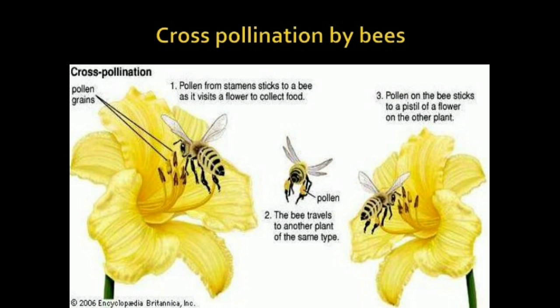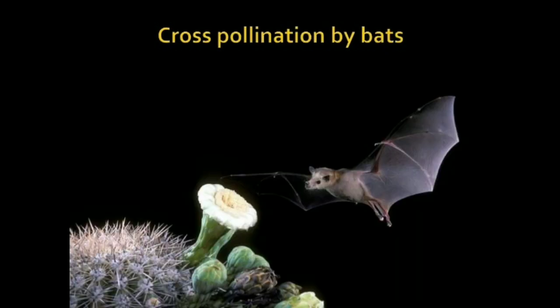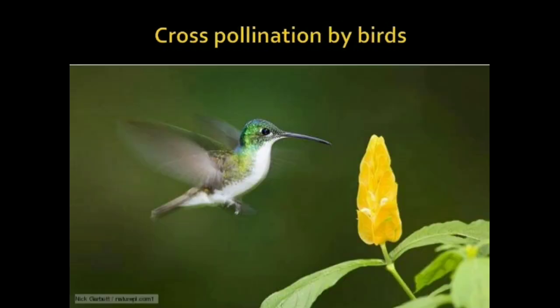The pollens will stick to the bees' wings and legs, and this bee will visit another plant of the same type. During that time, the pollen on the bee will stick to the pistil of the flower on the other plant. So this is how pollination occurs with the help of bees. And pollination can be done with the help of bats, then birds. Same process will happen.